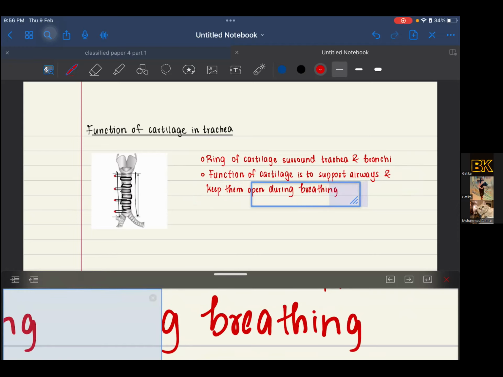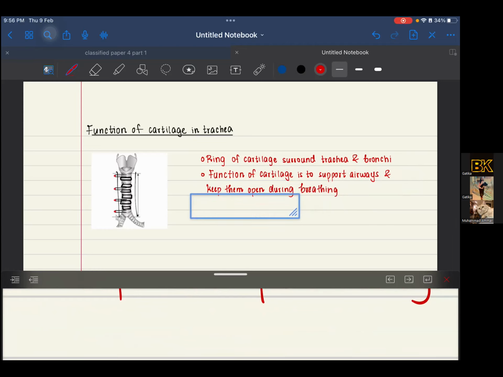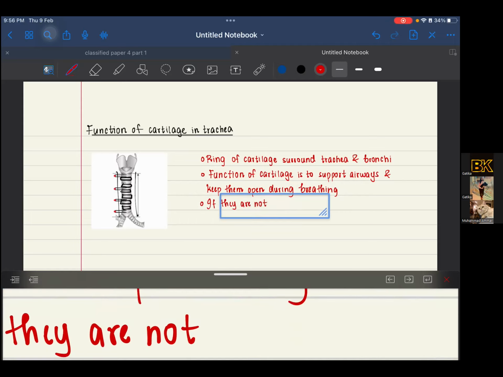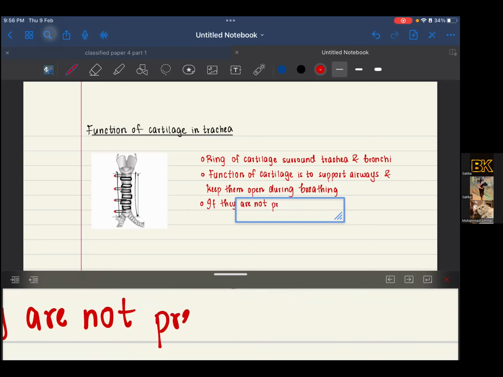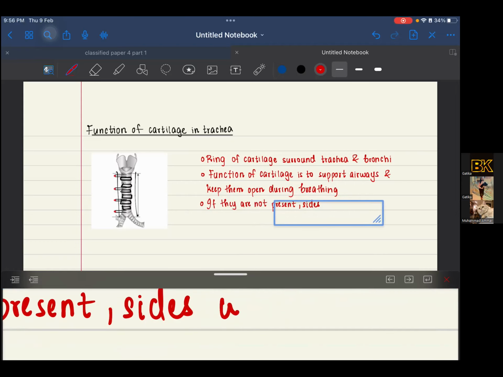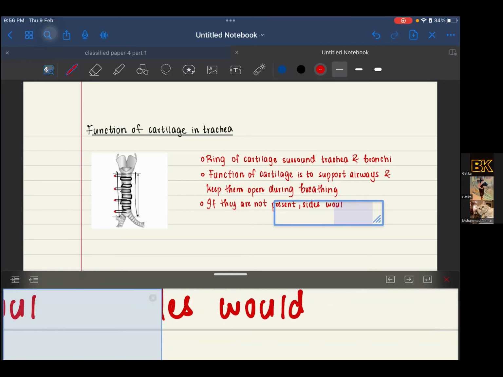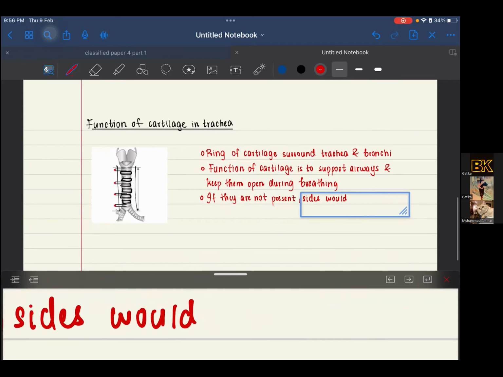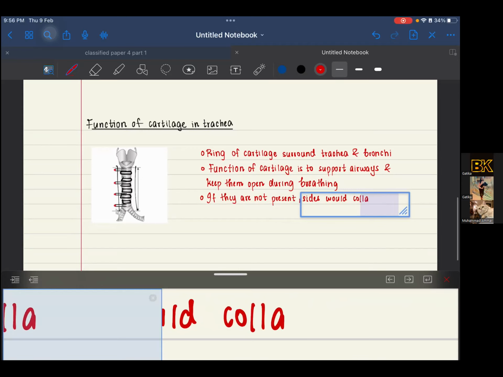Okay, now what would happen if they were not present? If they are not present, the sides or basically the walls would collapse. Like they would shrink, I can say. But shrink is not the right word.